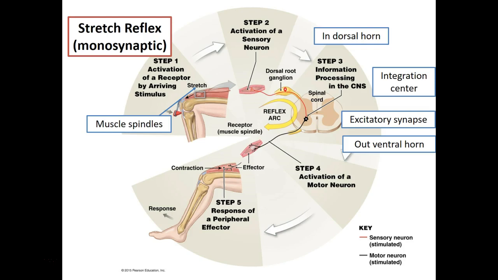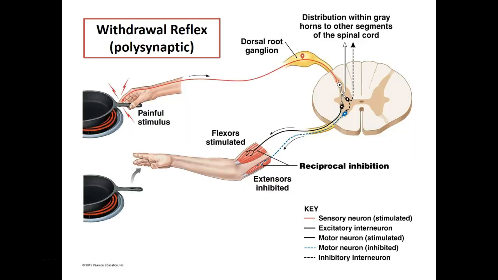In this case, it's very quickly integrated, and information is sent out towards the skeletal muscle to correct for the mimicked overstretching that goes on. Everybody following the general order of events for a simple arc? Okay, so here this is a somatic one.